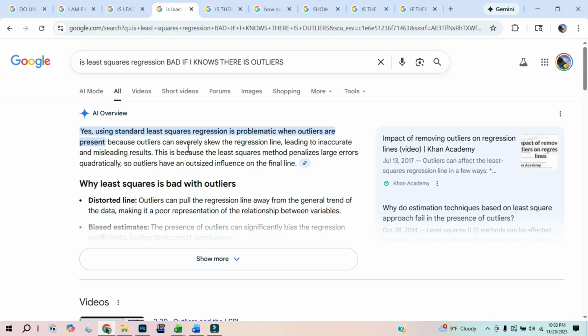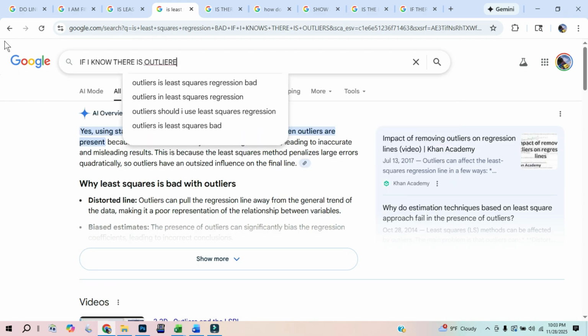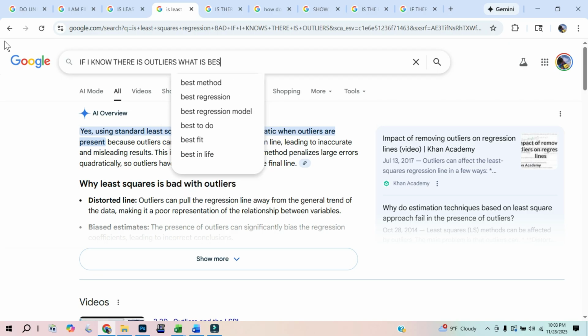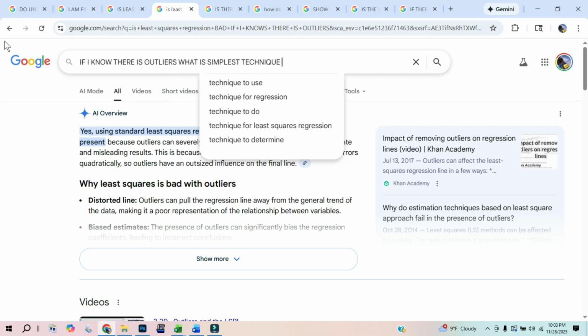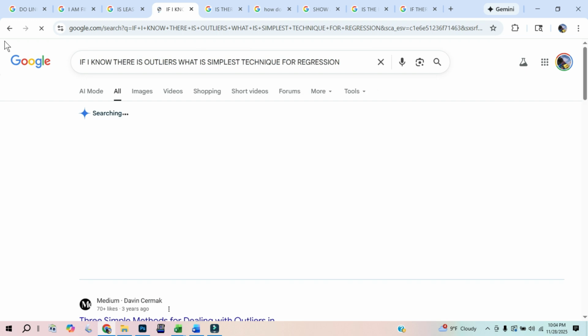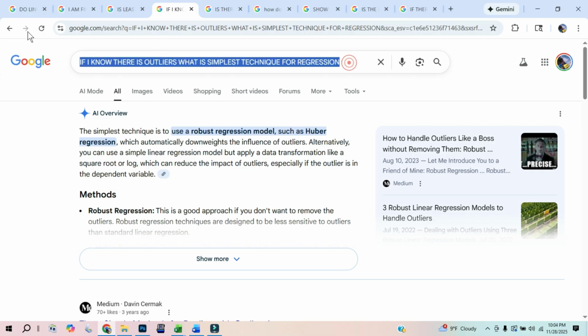Okay, so if I know there are outliers, what is the simplest technique for regression? And I'm assuming the word regression means putting a line through the data. So the simplest technique is to use robust models such as Huber regression.